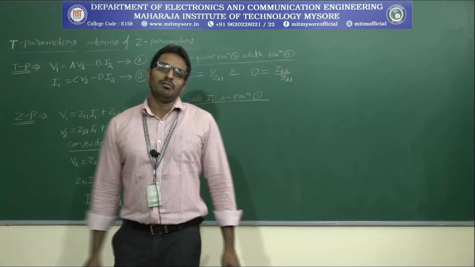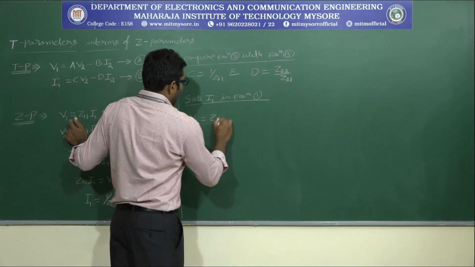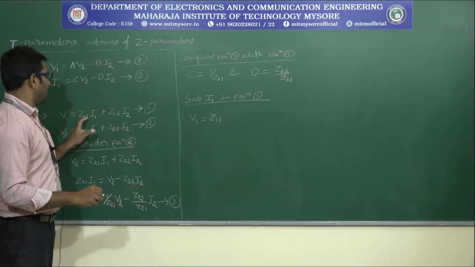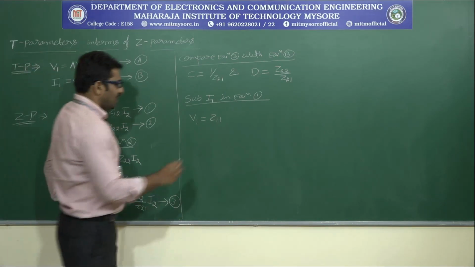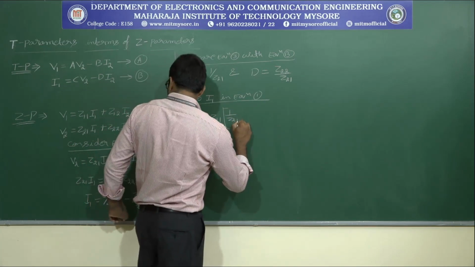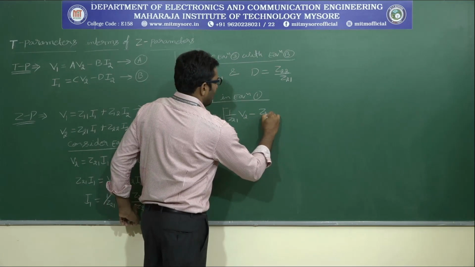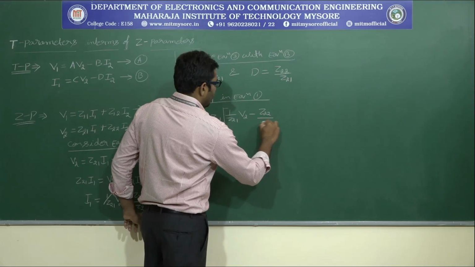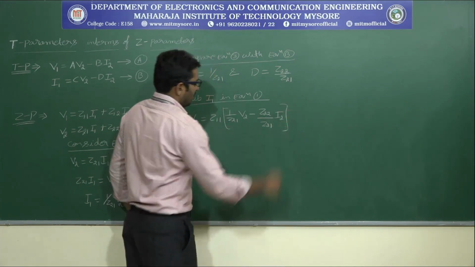What is that equation 1? V1 is equal to Z11 I1. What is I1? I1 is 1 by Z21. Just open the bracket. 1 by Z21 V2 minus Z22 by Z21 I2. Close the bracket.